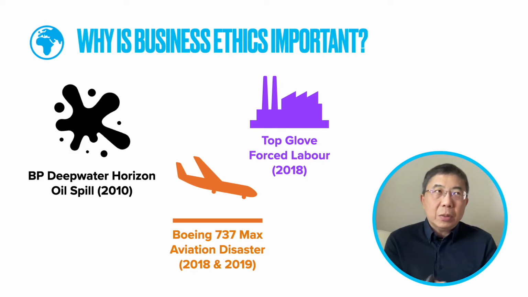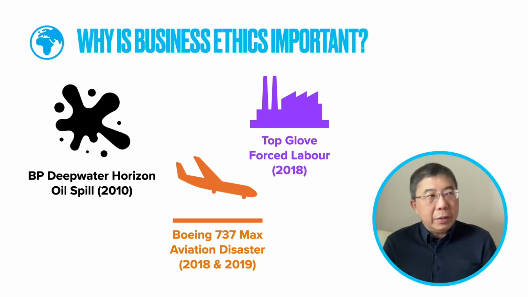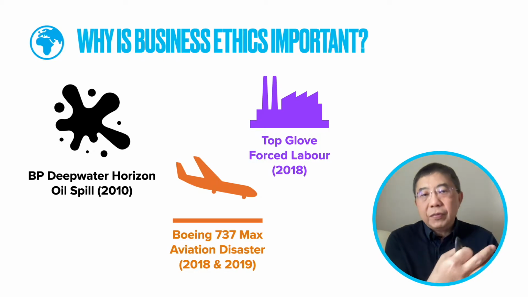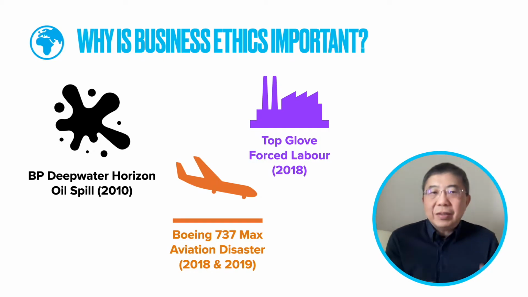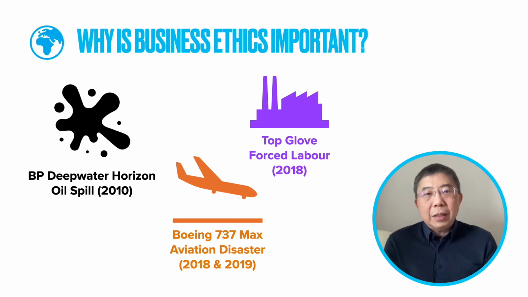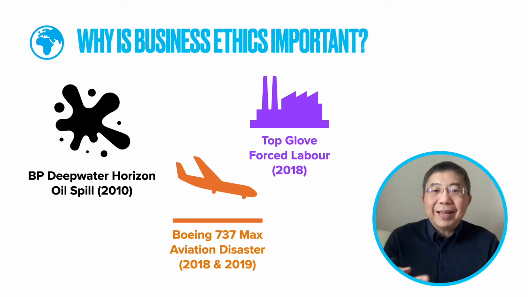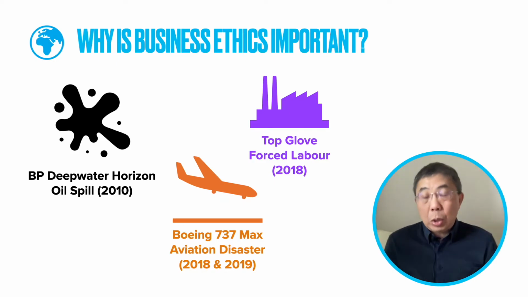These crashes were later found to be somewhat due to poor business decisions by the managers of the company. So all these examples tell us that there is a real need for us to understand the impact of ethics on business, so that businesses become more sustainable and do not have a negative impact on our society and on our environment.